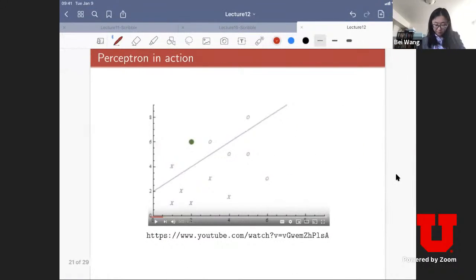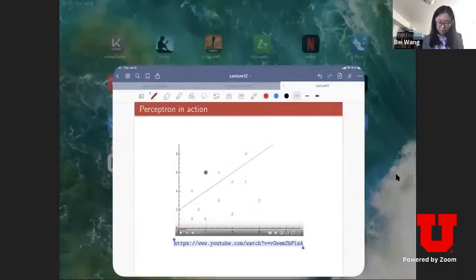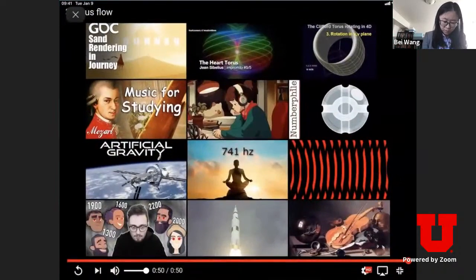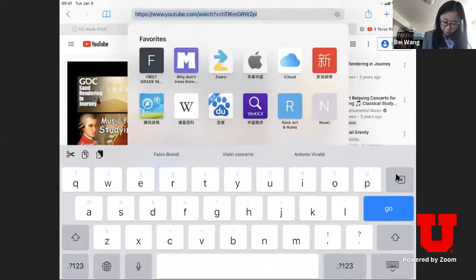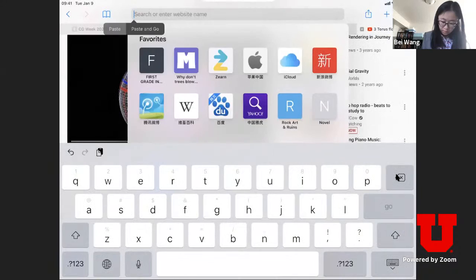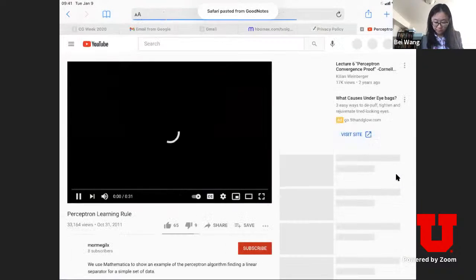The best way to look at how the perceptron works is to have the animation.